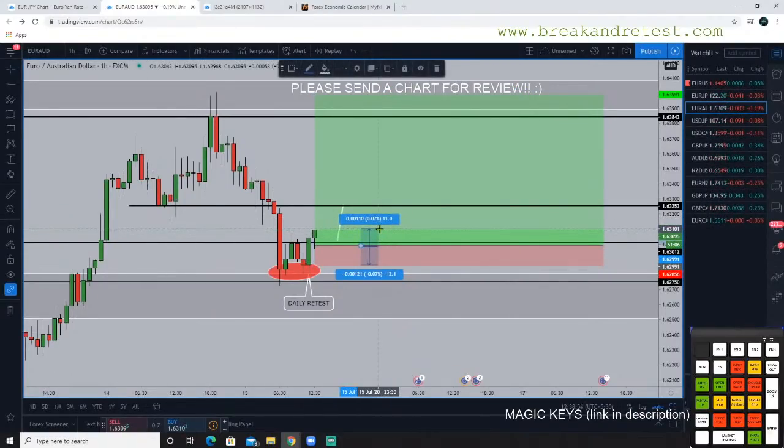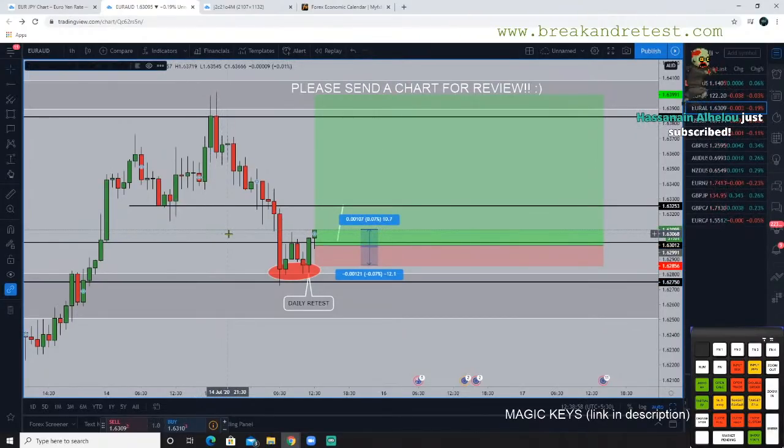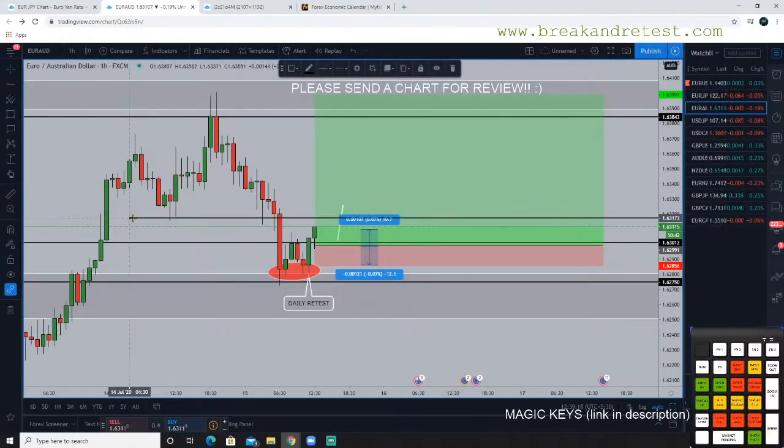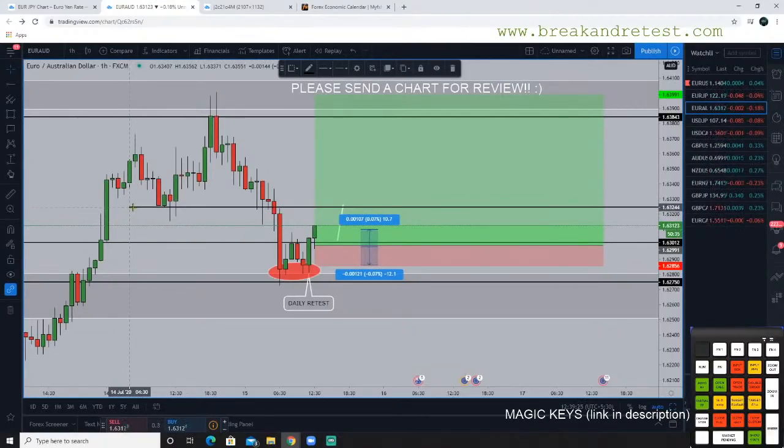Okay, pretty nice. We have 10 pips, 11 pips. We need some more, then we go to break even. Once price hits these wicks, there's a small chance that price might reject from there, so I'm gonna move my stop to break even once we hit these wicks.